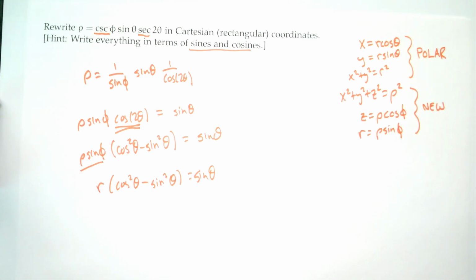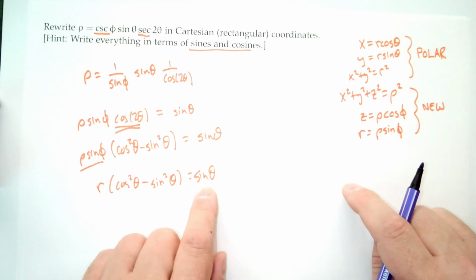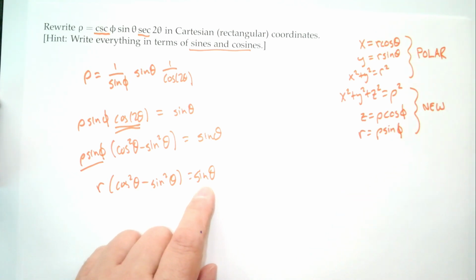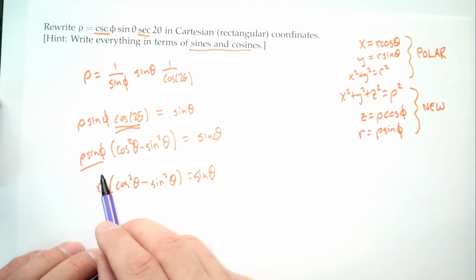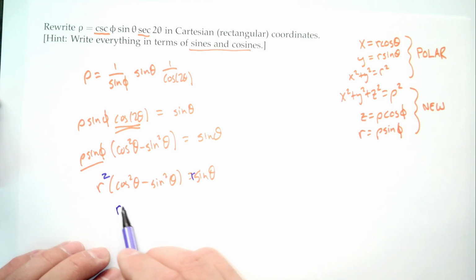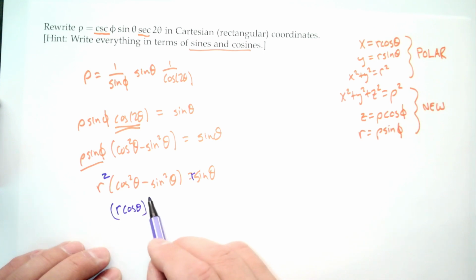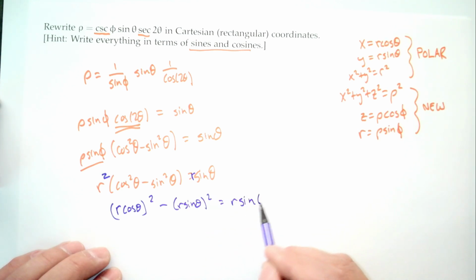Now that we're in cylindrical, I go back to just my polar stuff, and I say, okay, what do I need? Well, that sine theta just by itself is not good. What would I want there? If I multiplied by r, and I have to do it on both sides, so you get r squared cosine squared theta, which is r cosine theta squared, minus r squared sine squared theta, which is r sine theta squared, equals r sine theta.